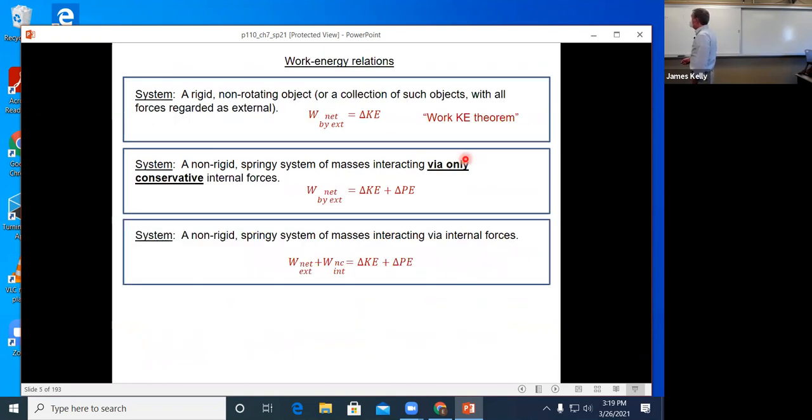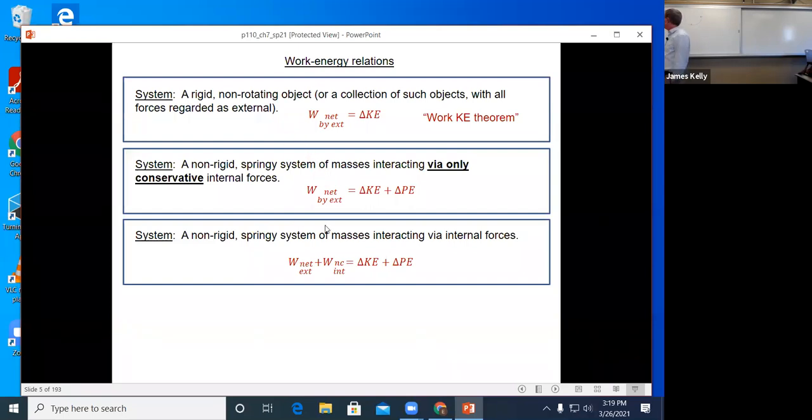So again, here are 3 big work energy relations, and now I want to talk generally about the notion of the conservation of energy. The idea with conservation of energy is if you have everything that matters inside your system, or another way of saying that is your system is isolated from all external influences, so no external forces can do work, then the left-hand side in any one of these relations is going to be 0.